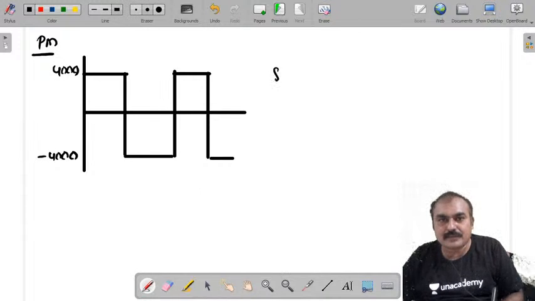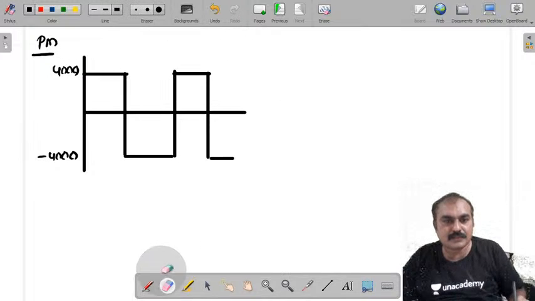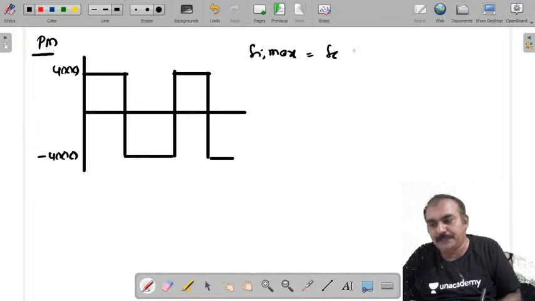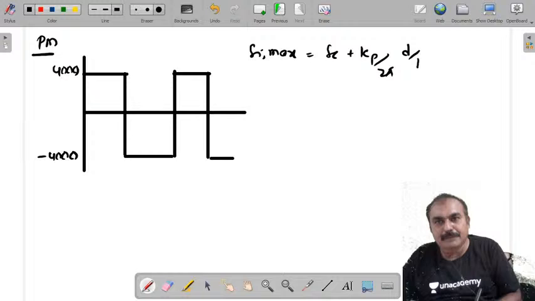Then Fi equal to, that is Fi max. If I am going for the Fi max, Fi max equal to, my dear students, Fc plus Kp by 2 pi into d by dt of m of t of max.